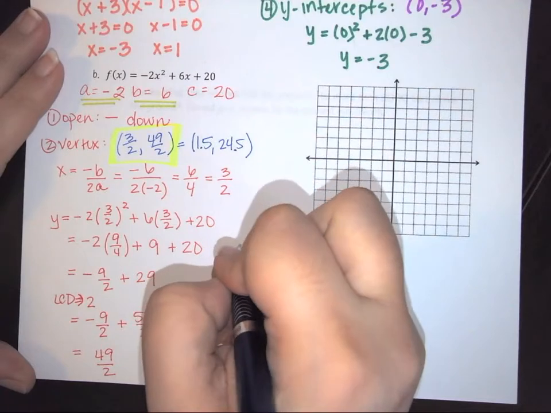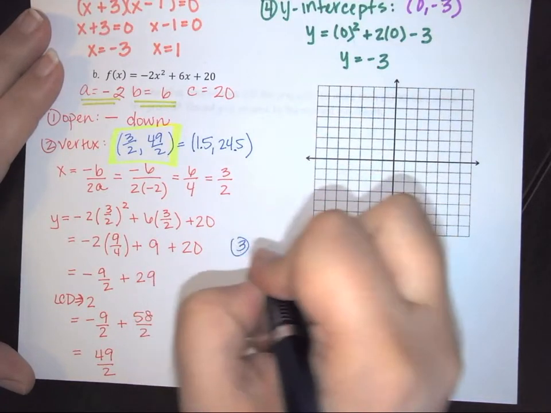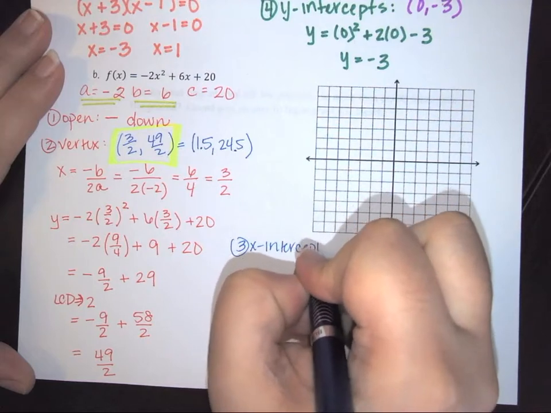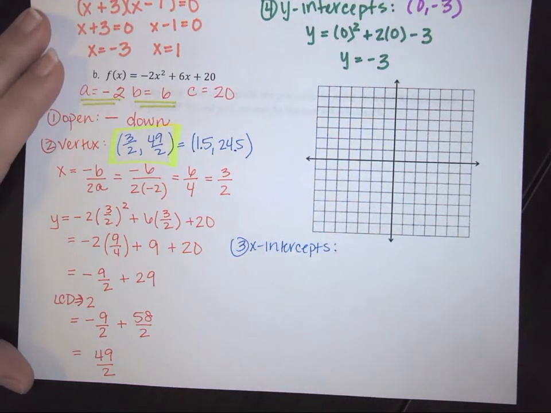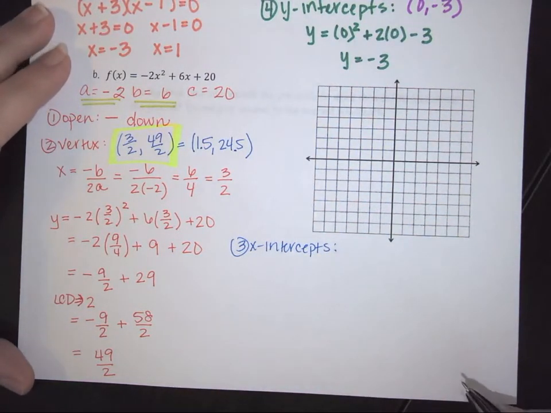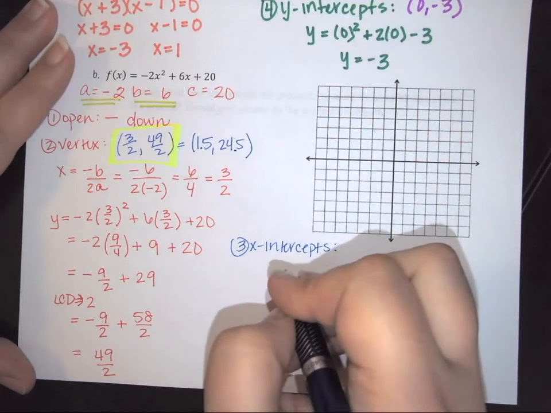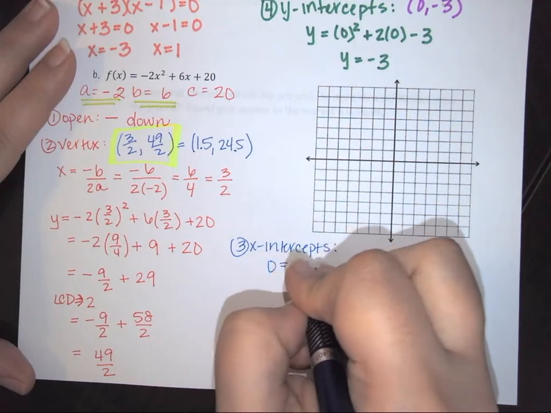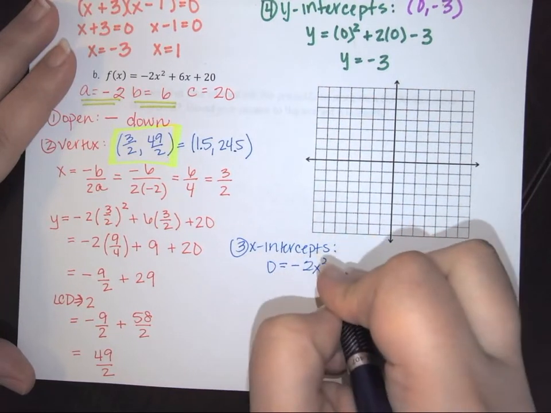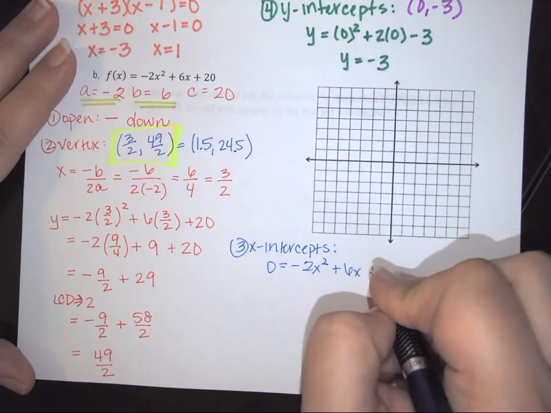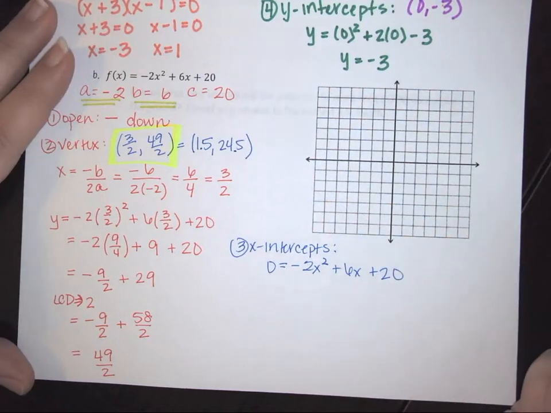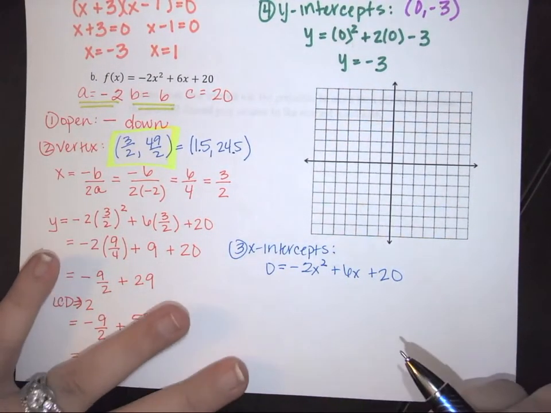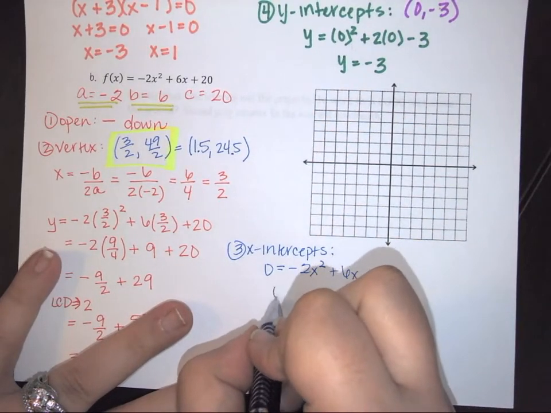Now, the next thing that we have to do is look at the x-intercepts to see if we have any. So again, this means that we need to solve the quadratic. So 0 is equal to negative 2x squared plus 6x plus 20. Well, if you notice, I can pull a 2 out of all of these.